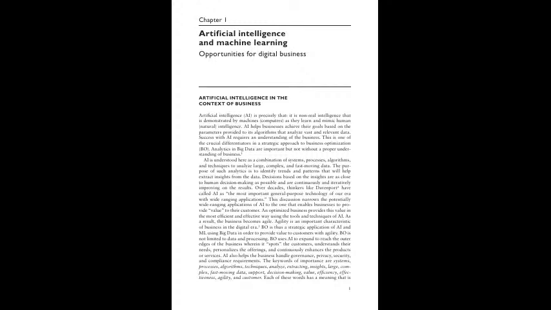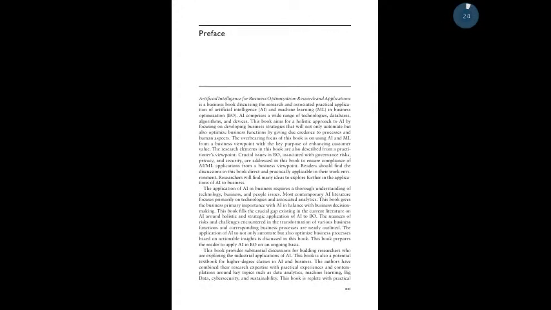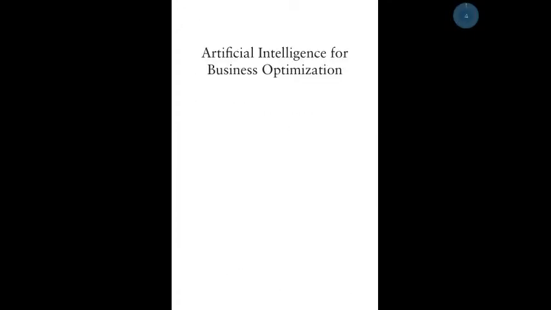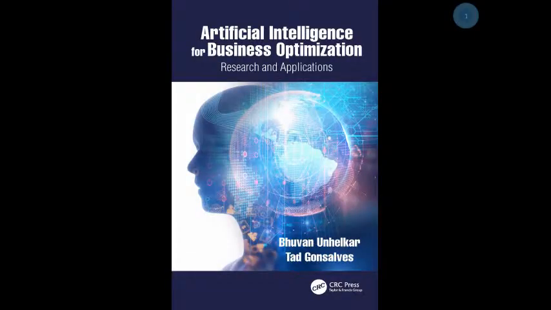So in this material, I think if you have a chance to get this book, you should try it. Okay, so let me go back to the cover, the front page of the book. You can see this is a book about artificial intelligence for business optimization. Okay, optimization, simply like business process optimization.